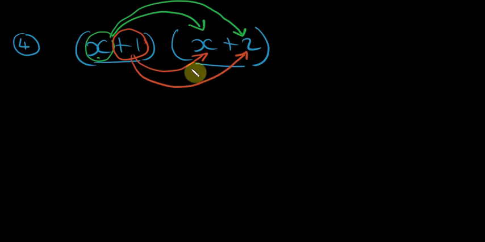So let's do that, shall we? Okay. The first term, that is x multiplied by x, followed by x multiplied by 2.